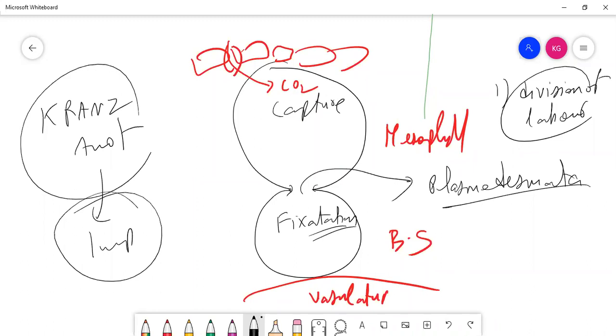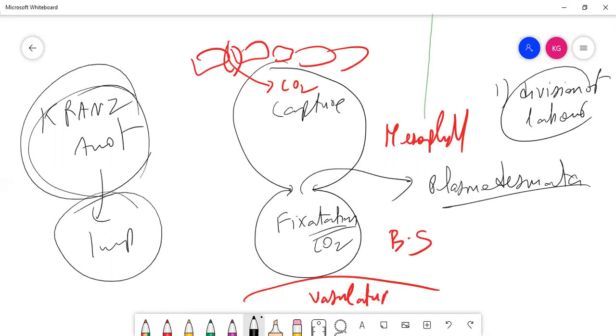Capture is taking place in mesophyll, but the fixation of CO2 will take place in bundle sheath. Is this very clear or not? So that means there's a division of labor between the two types of cells, and it is possible because of Kranz anatomy.